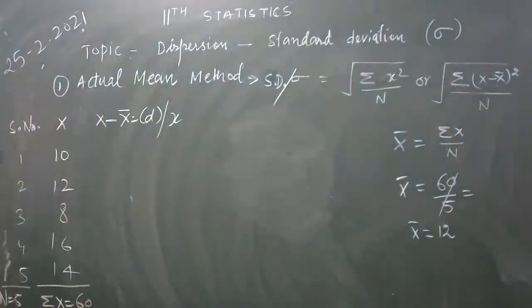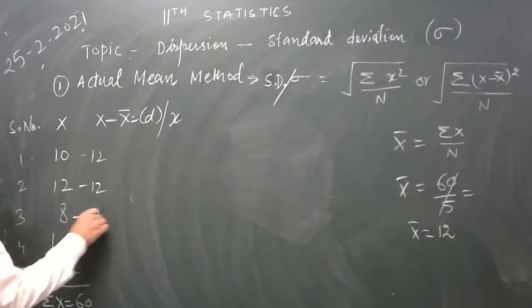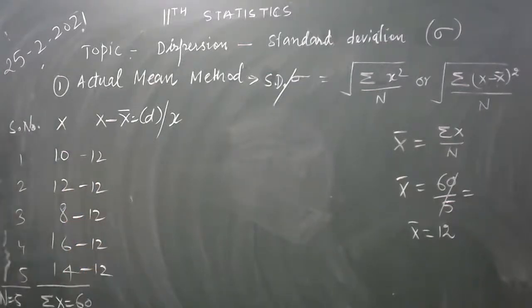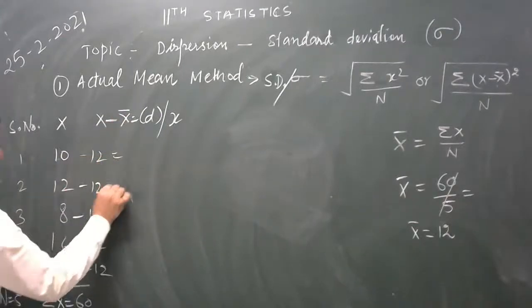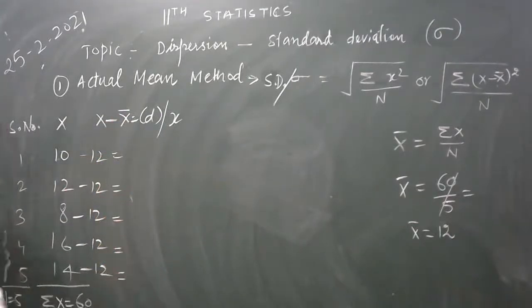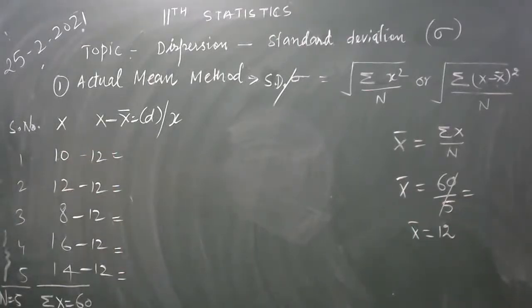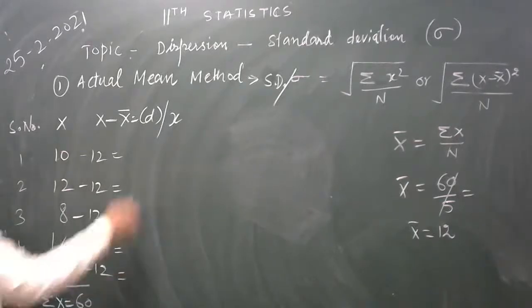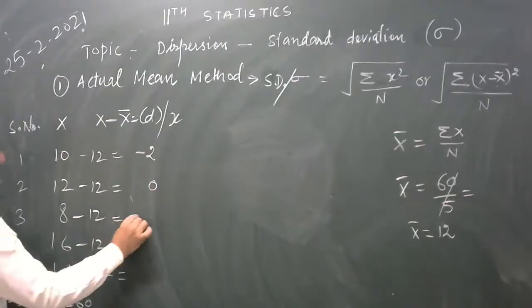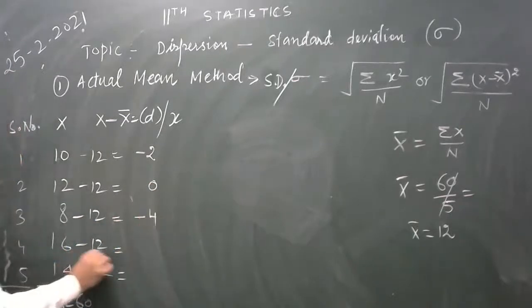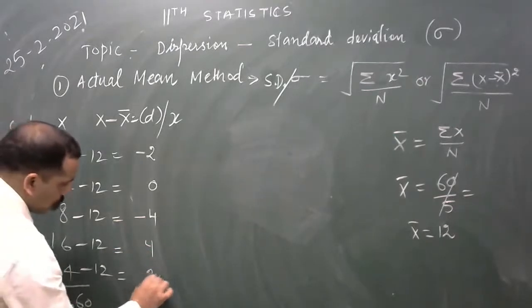So do it: x minus mean. Find out the deviation now. The first one is minus 2, 0, minus 4, 4, and the last one, 2.